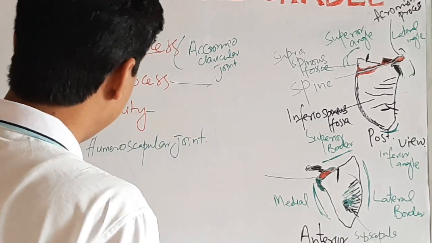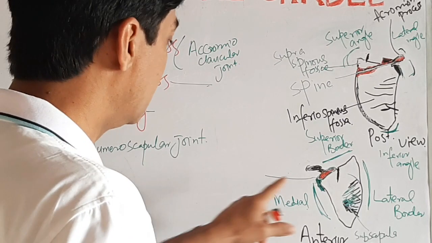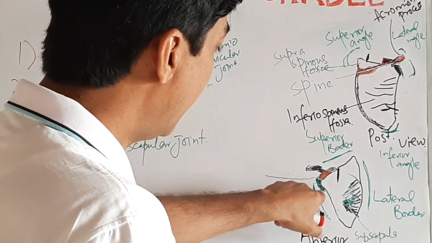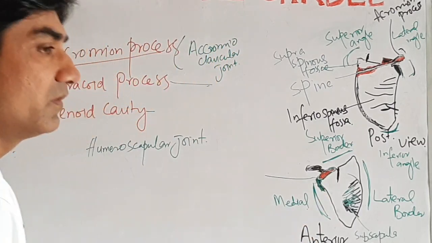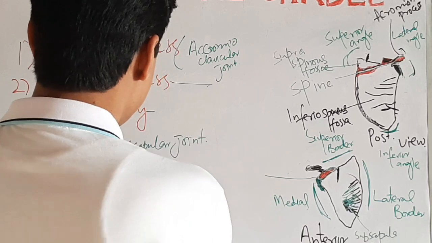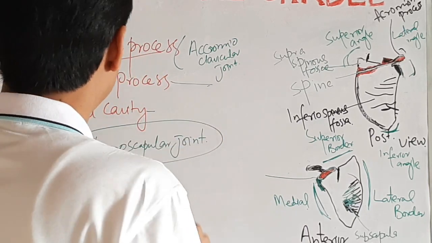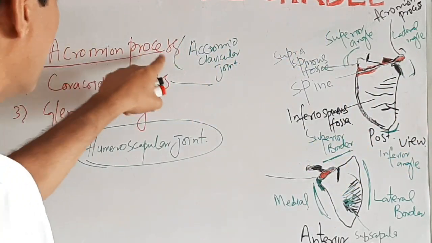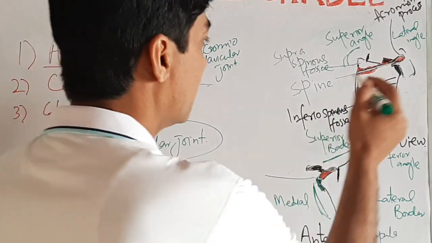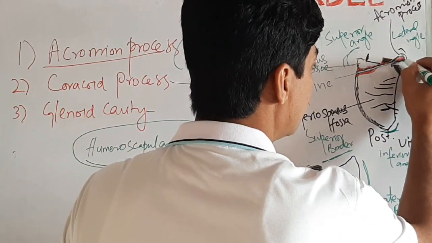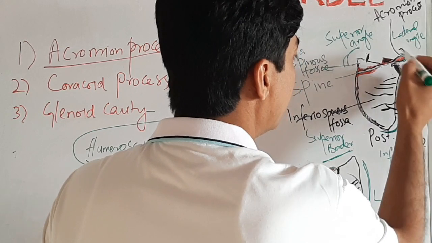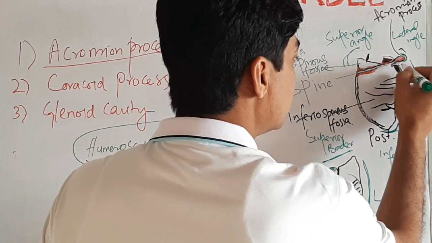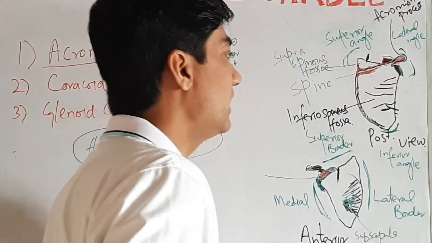It is loosely associated with the humerus, and often it is dislocated due to its loose attachment. So these were the three structures at the lateral angle: the acromion process, the coracoid process, and the glenoid cavity. This is the acromion process, and this is the coracoid process, and laterally there is the glenoid cavity.